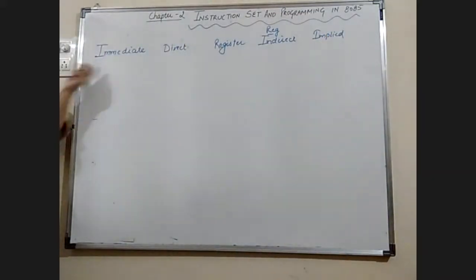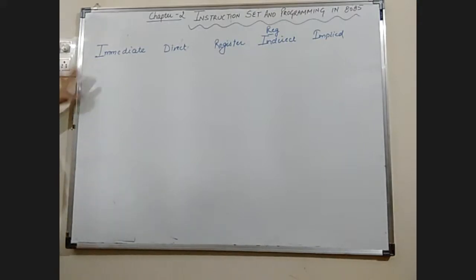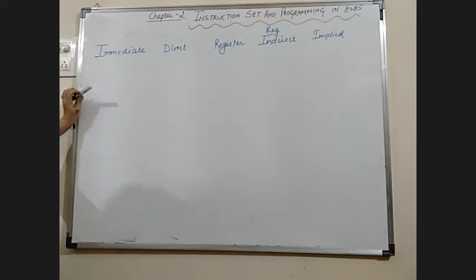Okay, so these all are very important, and maximum times one question comes from this topic only. So we can start with the first addressing mode, that is the immediate addressing mode. So students, in case of immediate addressing mode, 8 or 16-bit data is specified in the instruction itself.